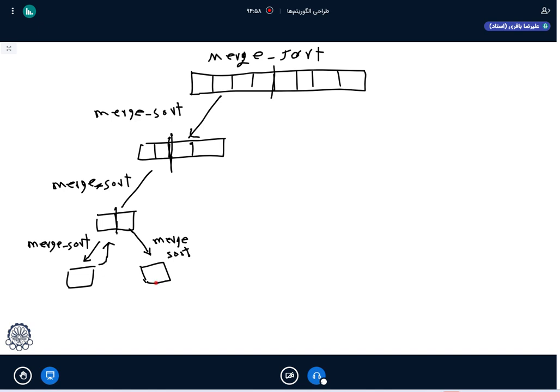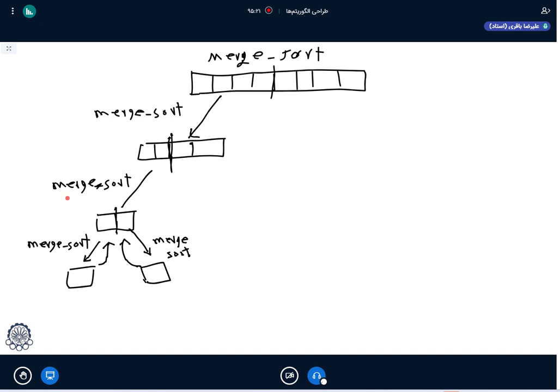Again, this merge sort, because it has only one element, the stop condition is satisfied and it returns to its parent function, the merge sort in the upper level.